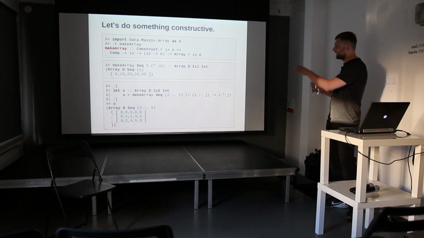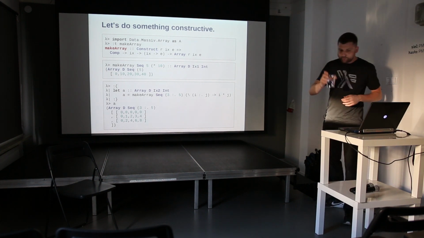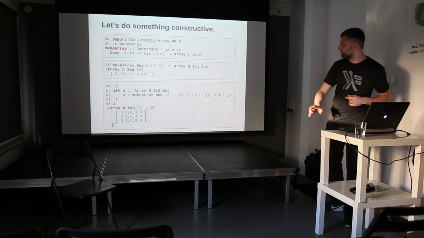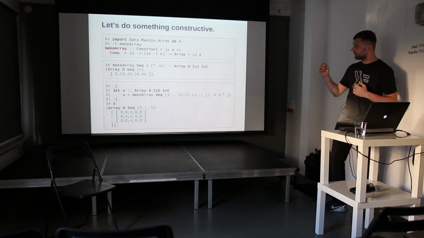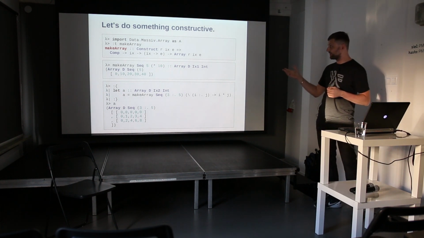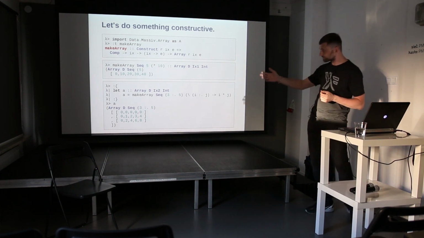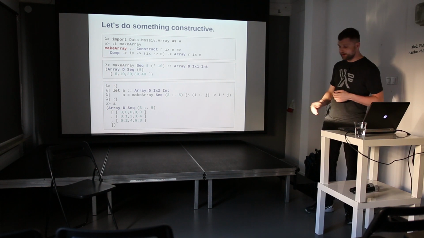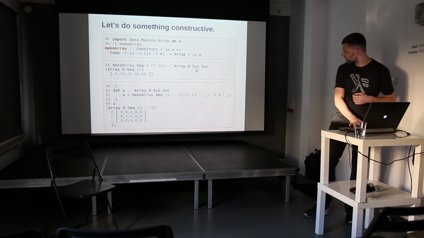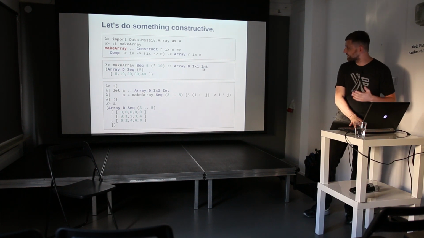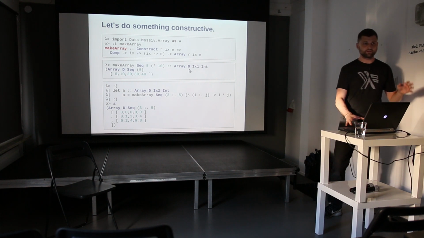This is makeArray in action. We construct an array of size 5, and each element is just its index multiplied by 10. So we get a one-dimensional array. Over here we can see the index is Ix1, the element is Int, and the representation is D, which people who are familiar with the repo know about.